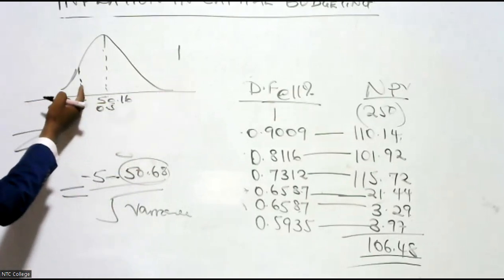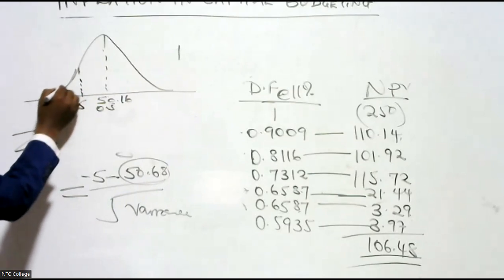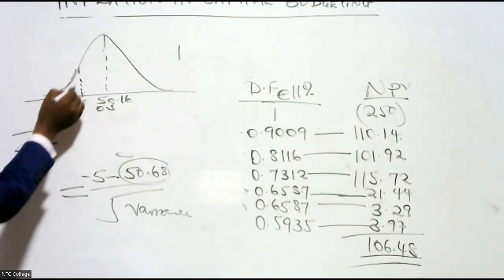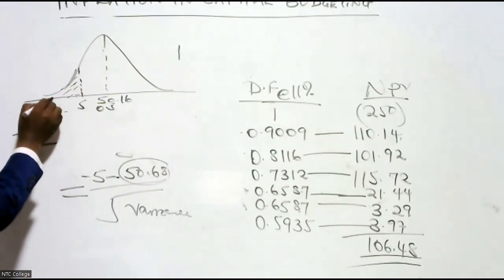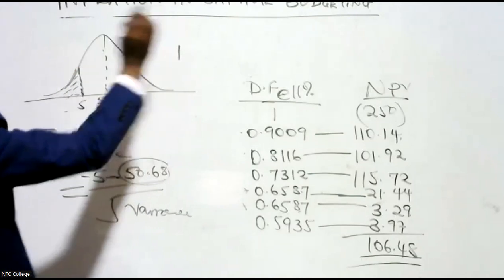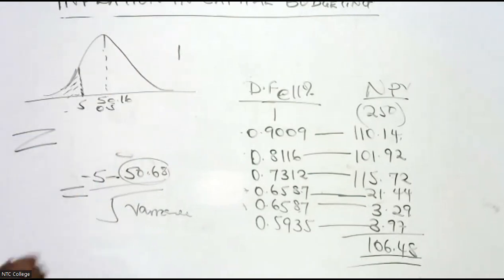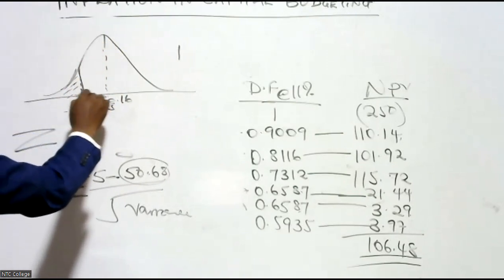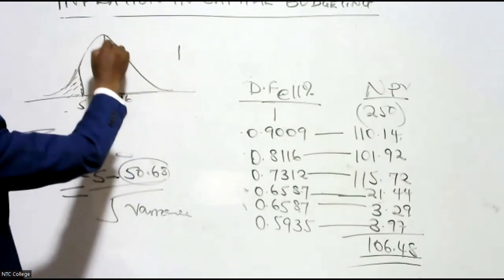So 5 definitely is on this side. If the mean was to be less than 5, then that is a hostile takeover. If it is above 5, going to this side, then they are safe. So from here, this is a safe region, up to the end.